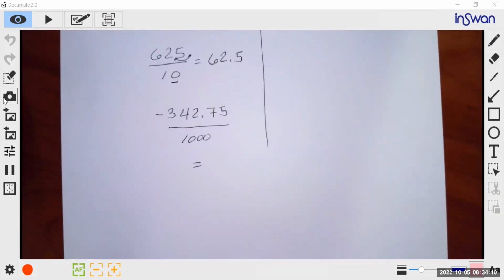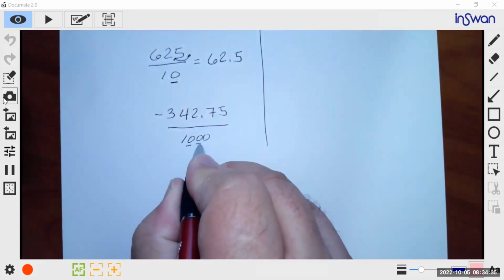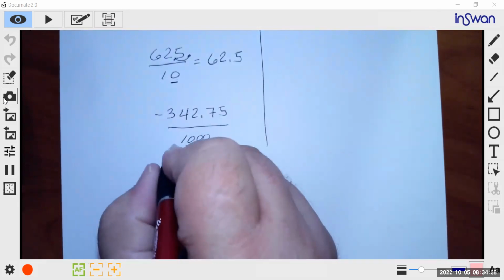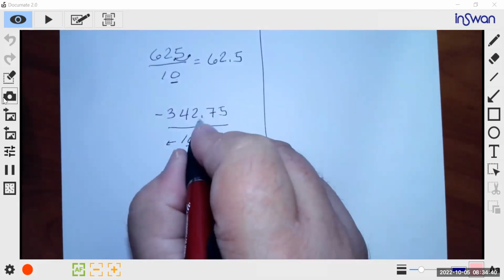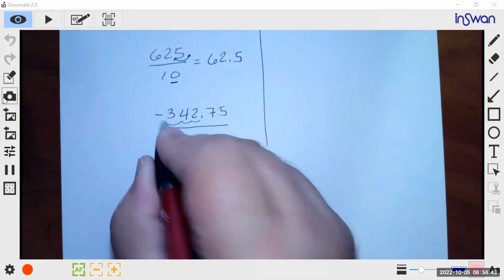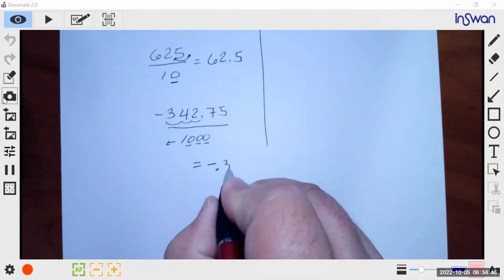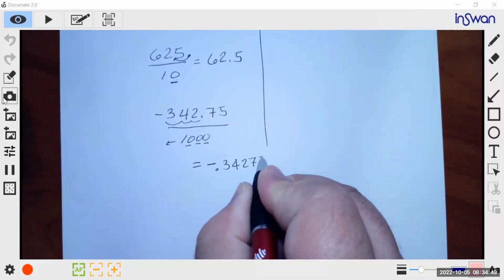How about that one? Because we move it 1, 2, 3 spaces. Since we're dividing, 3 spaces to the left. So it's negative 0.34275.